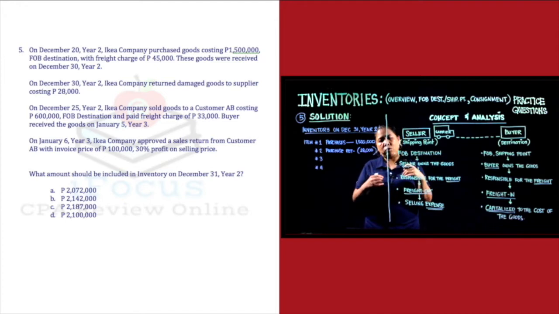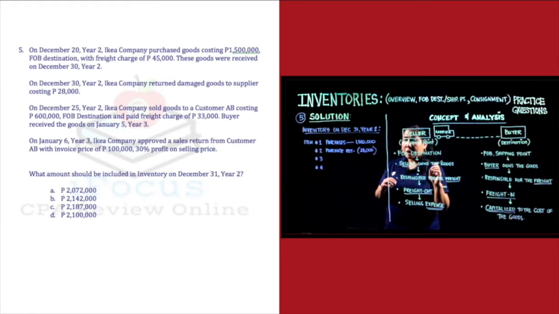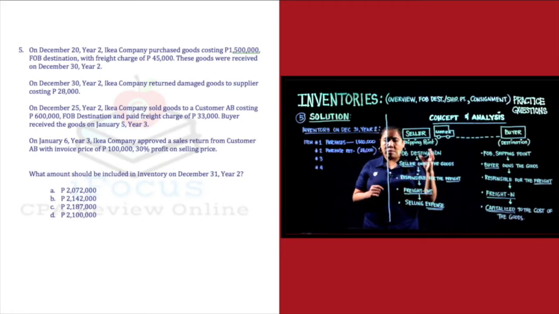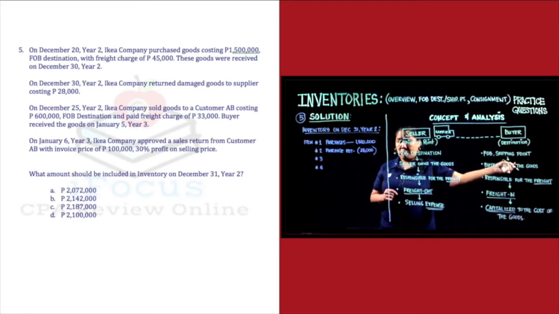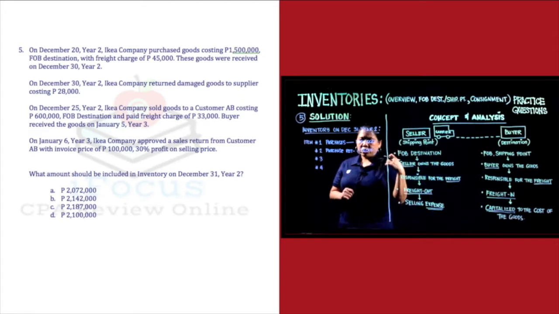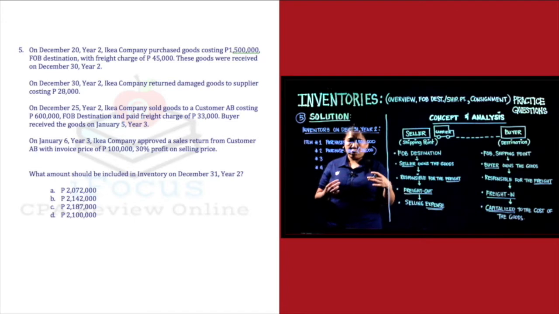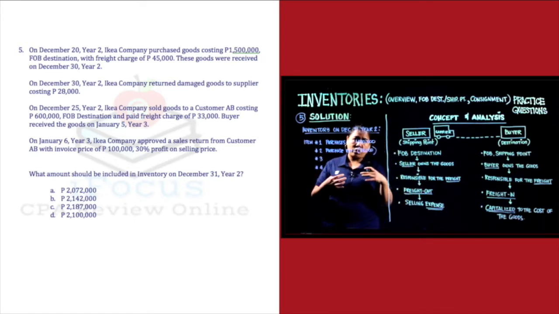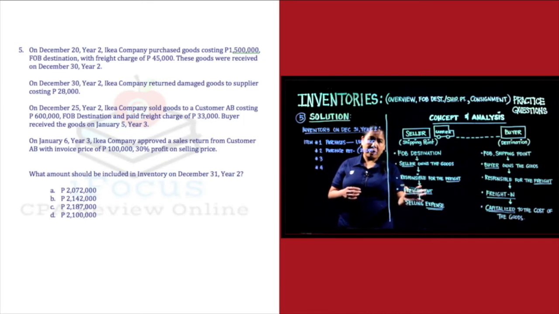Dahil nga, ang usapan nilang dalawa is FOB destination. So, dahil pag-aari niya ang goods in transit na yon si IKEA, kasama yan sa kanyang inventory. Dahil hindi pa ito nare-receive ni customer AB na buyer natin. The 600,000 should be included in our inventory. Yung 33,000 hindi siya kasama sa ating inventory dahil yan po ay freight out, which is a selling expense.